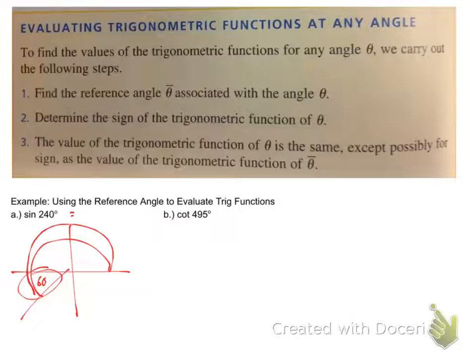It means that sine of 240 is equal to the sine of 60, but it's also negative. Because remember, first quadrant's always positive, so I'm going to take the sign and put it up front. And we should all know, from the top of our head, what's the sine of 60? Square root of 3 over 2. So the answer is negative square root of 3 over 2.